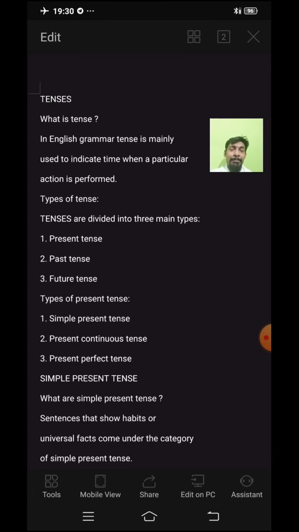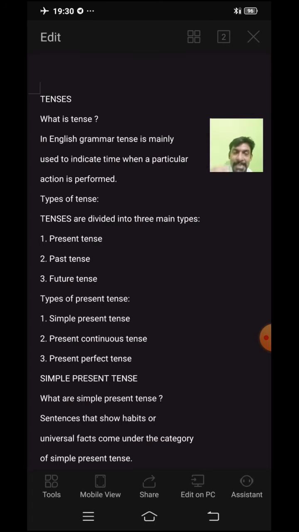Means present tense is the tense that relates the present time, action performed in the present time. Likewise, past tense relates action performed in some past time. And future tense refers to an action that is going to be performed in some future time.